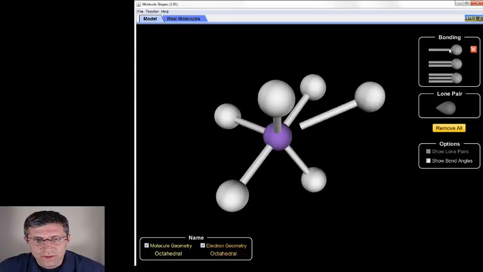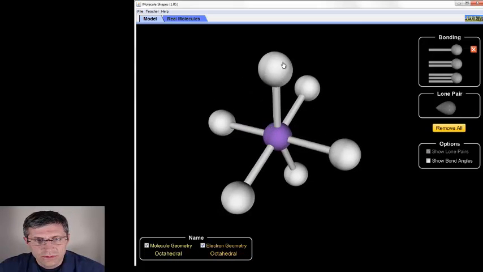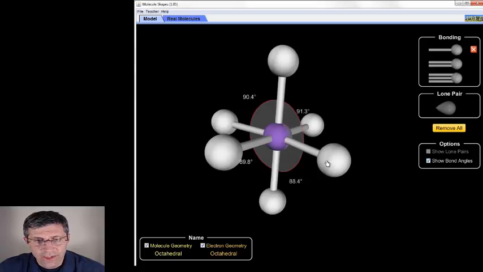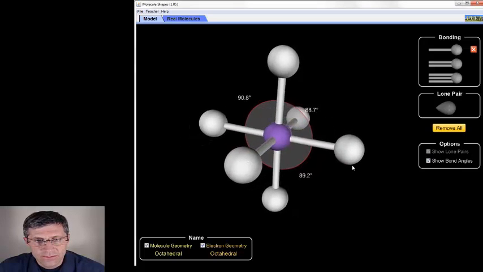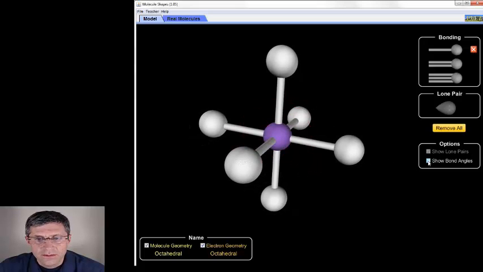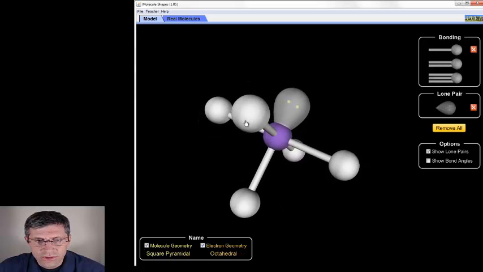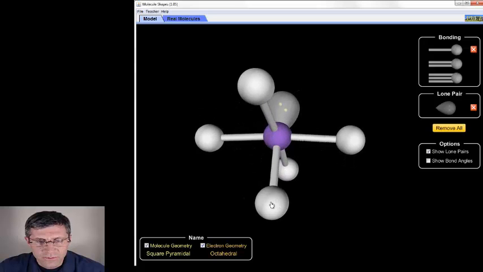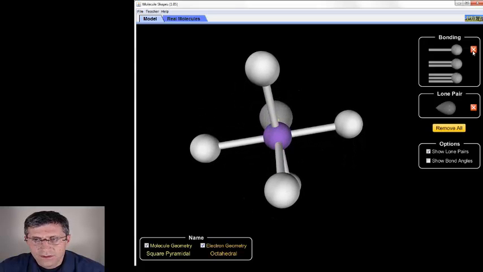Okay, lastly, let's take a look at the octahedral. Here's my octahedral. The angle between any of these is going to be 90 degrees. I'll have 90 degrees between any of my atoms. If I replace one with a lone pair of electrons, I end up with similar bond angles.